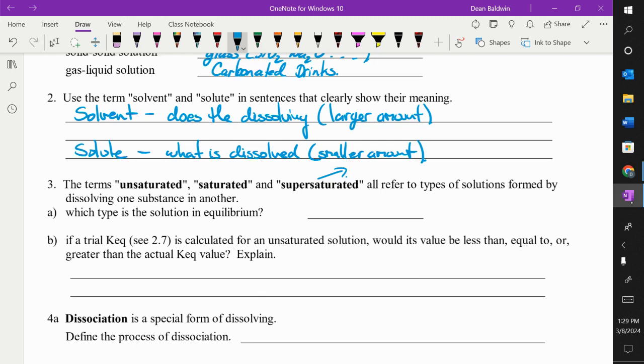Supersaturated is past the saturation point, and if you cool it down quickly, the solute can stay in solution.